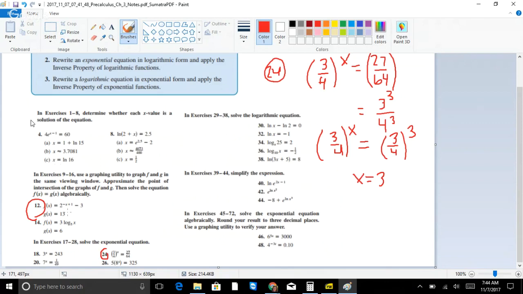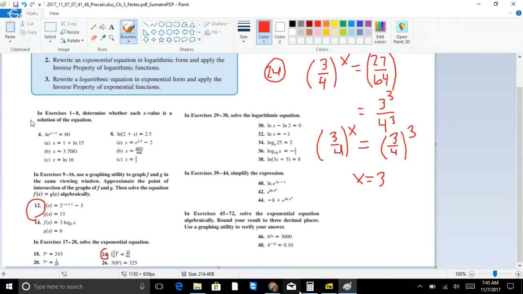We can always put that in a graphing utility and see where the two intersect, and that's going to be the point at which both equations are true. So that's the case actually for any of these, but it's kind of called out specifically in 12 and 14. So I just wanted to do number 12 so you know that's a possibility, and then you can actually use this to kind of verify your answers for any of the upcoming problems.